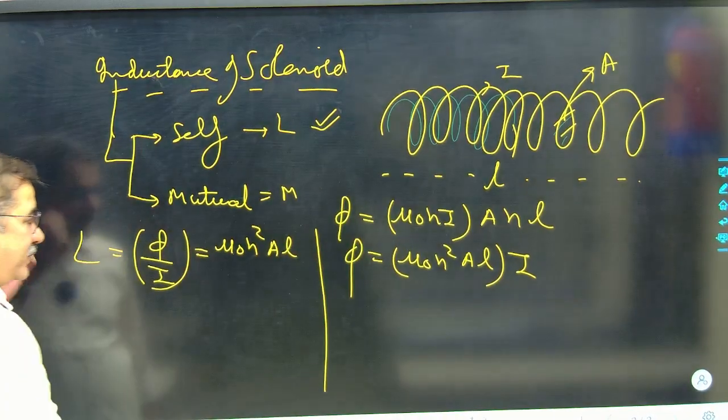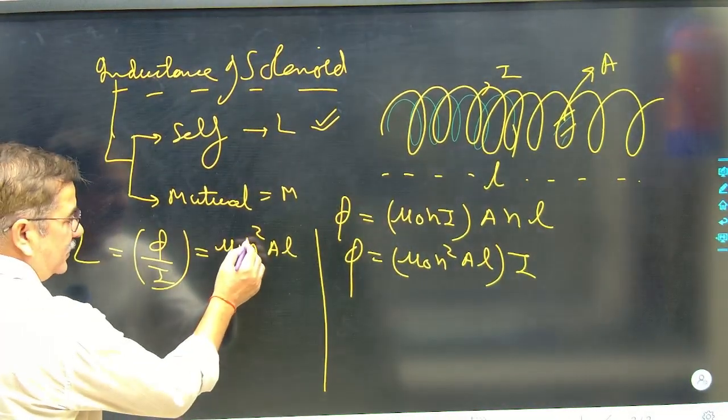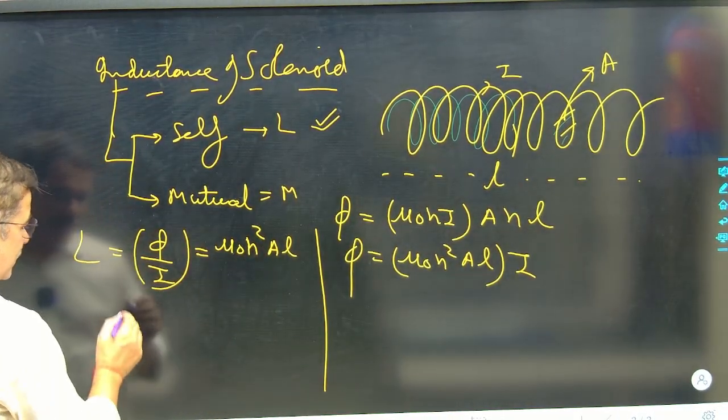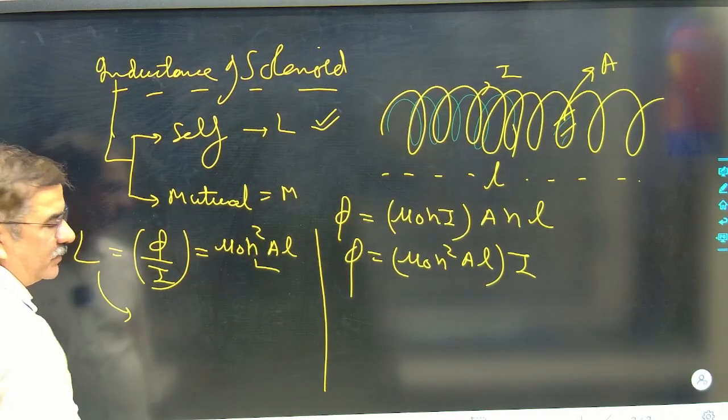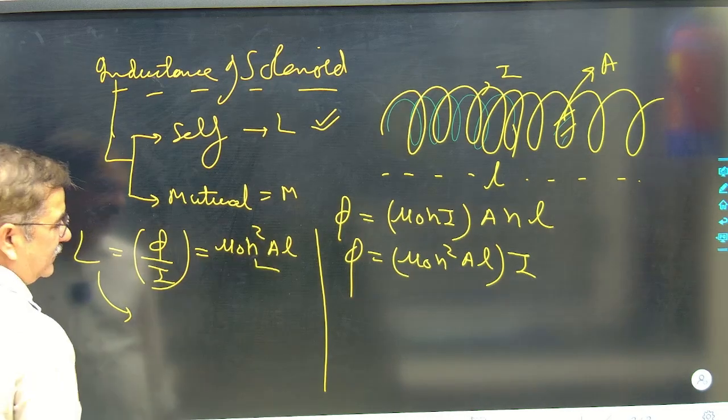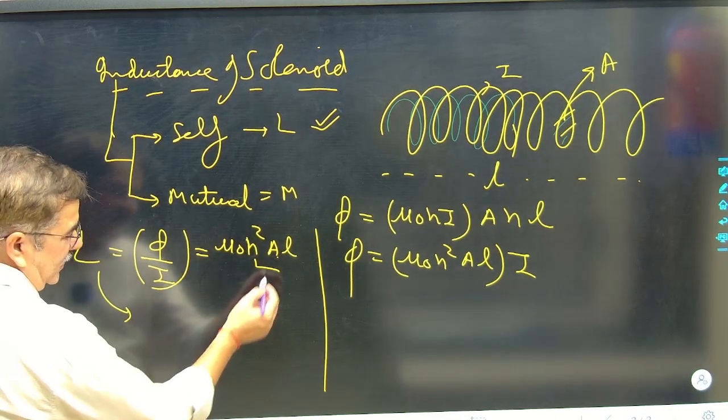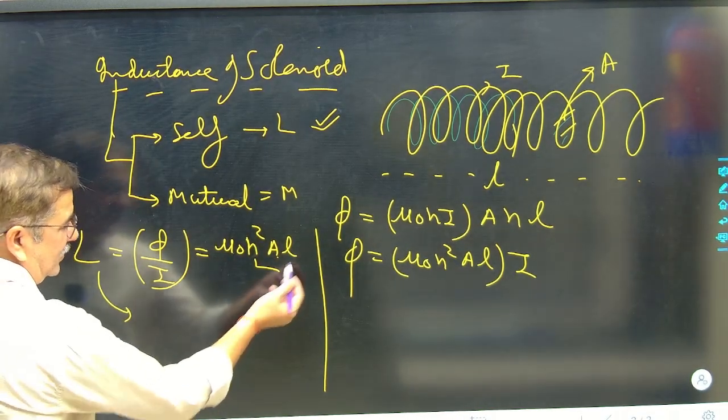All these terms are geometrical parameters: the number of turns N, area A and length L. So the self inductance depends on the number of turns (as turns get closer, inductance increases), the area of each loop and the length of the solenoid.